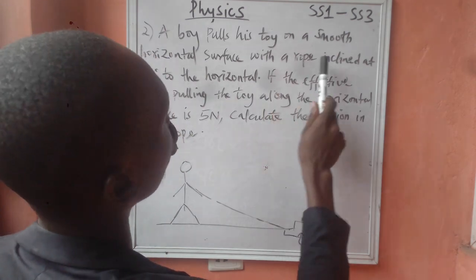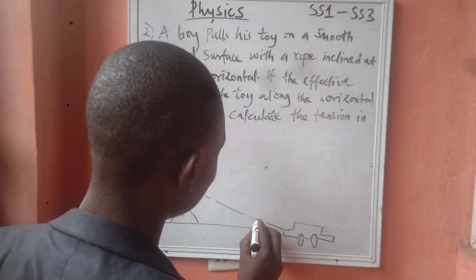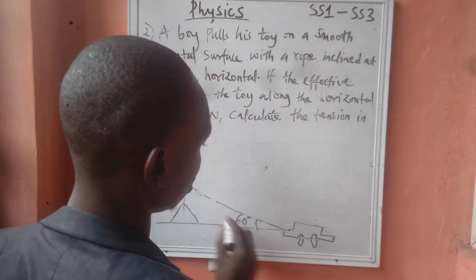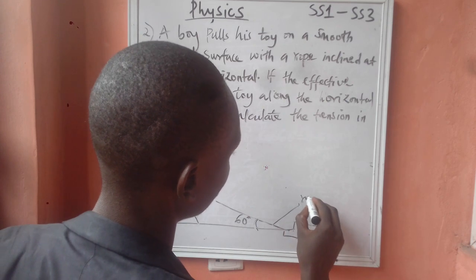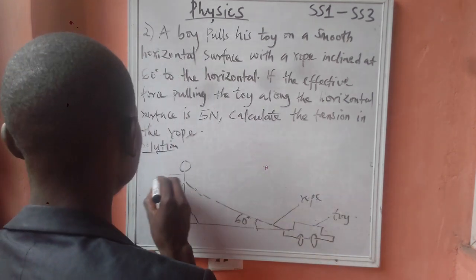The rope is inclined at 60 degrees to the horizontal. This is the rope, this is the toy, and this is the boy.